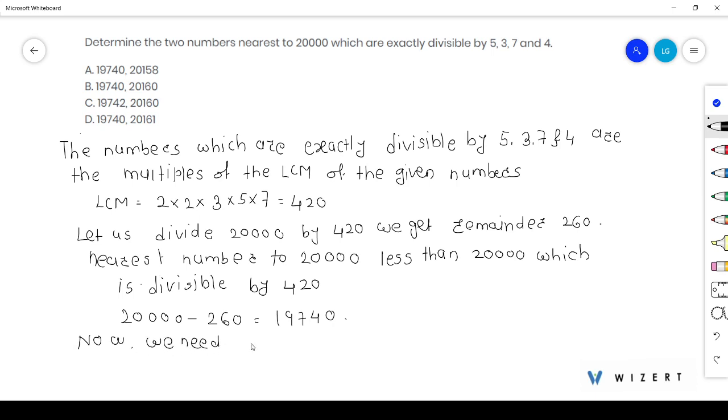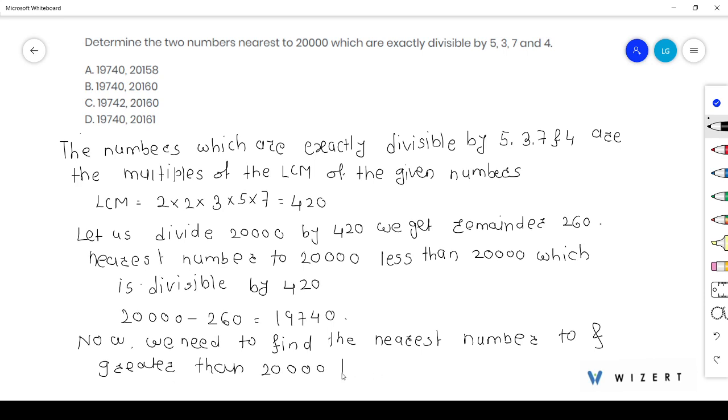Okay. Now, we need to find the nearest number to and greater than 20,000 that is exactly divisible by 420.